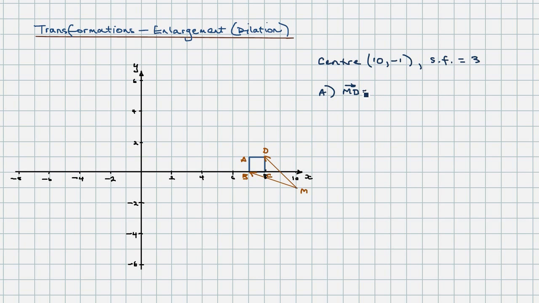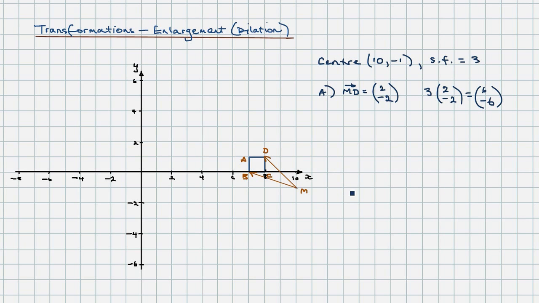So M to D goes 2 to the left and 2 up. So it must be (2, -2). Okay, now to scale it up, all we need to do is multiply by the scale factor. So we've got 3 times (2, -2), giving us (6, -6).